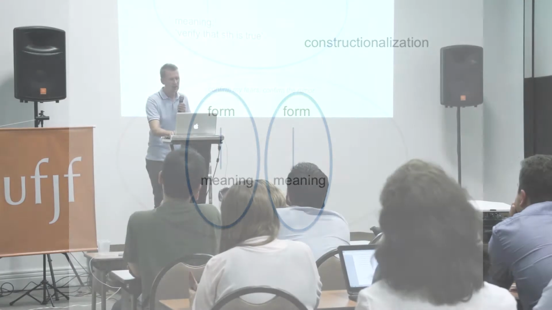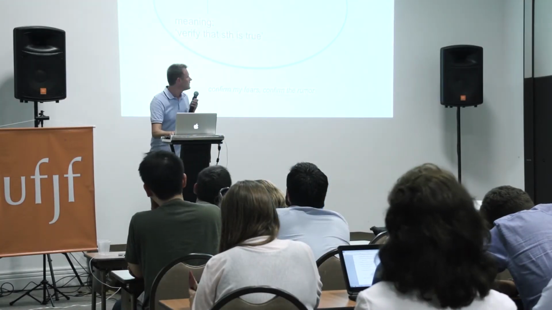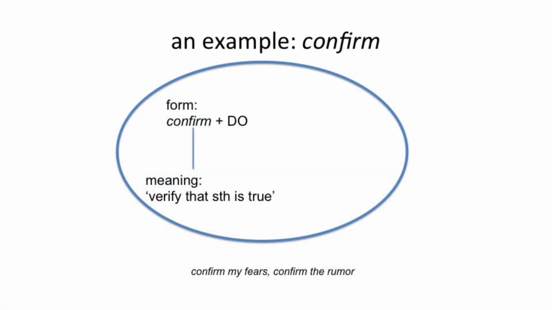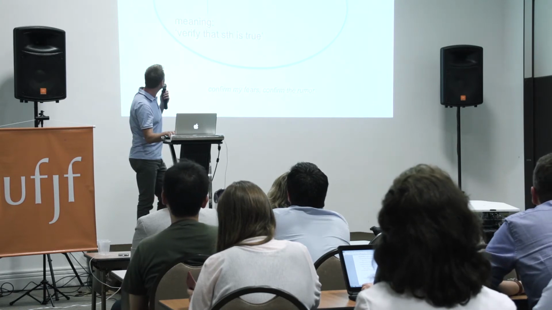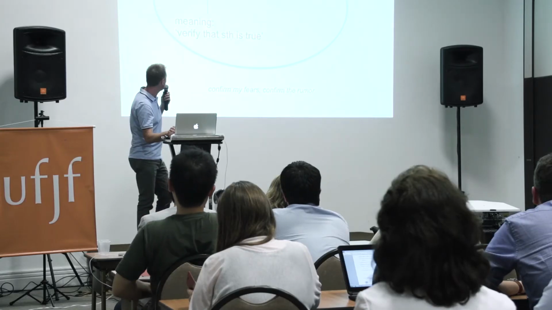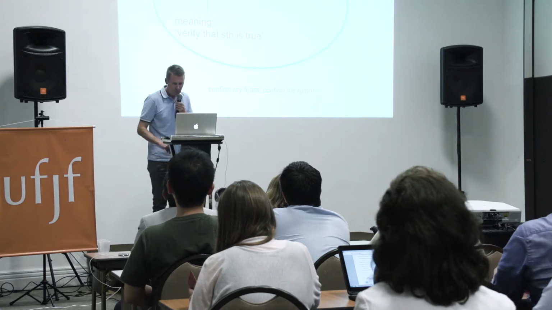So here's an example, namely the verb confirm. In this particular diagram, confirm is a verb that occurs with a direct object, so a nominal complement, and the meaning is you verify that something is true. So in expressions like confirm my fears or confirm the rumor.